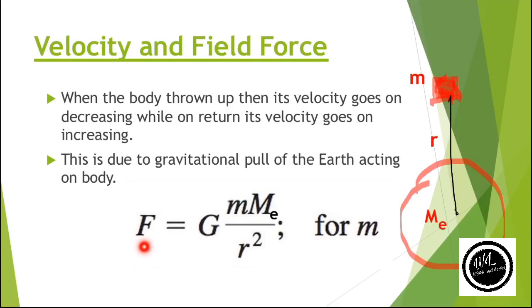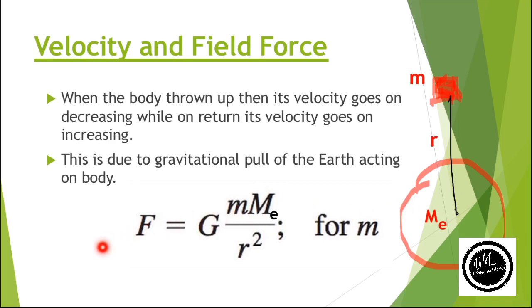According to Newton's law of gravitation, the gravitational force between a body of mass m and the Earth is F = G M M_E / R², where F is the gravitational force, G is the universal constant of gravitation, M is the mass of the body, M_E is the mass of the Earth, and R is the distance between these two bodies' mass centers.